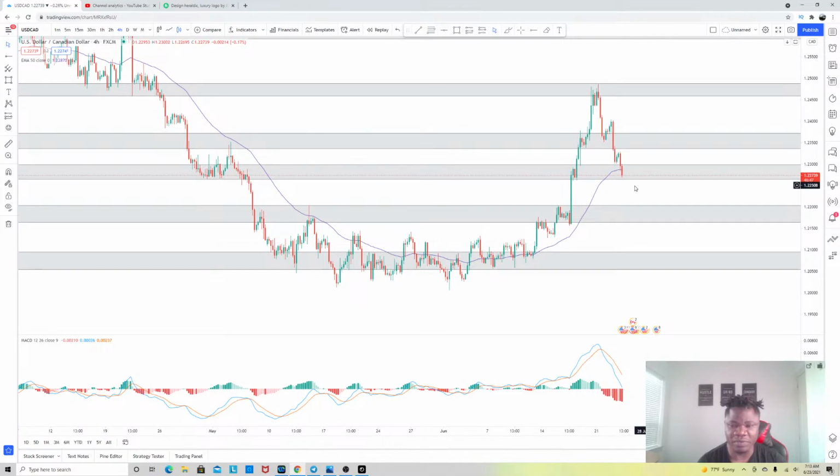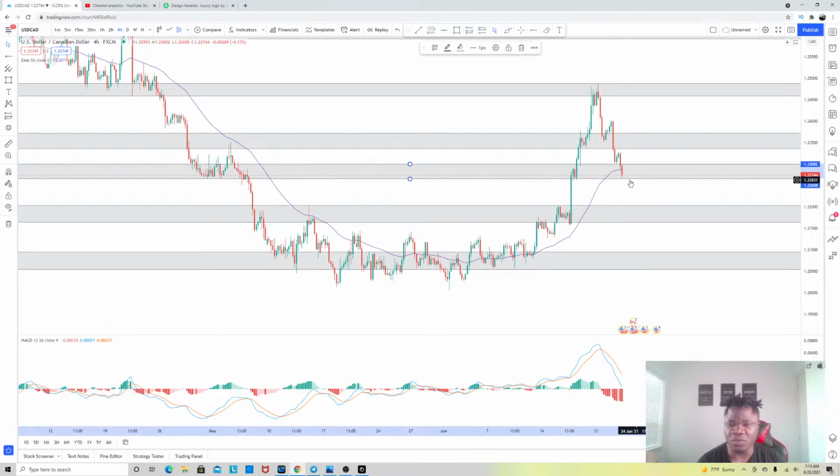All right, we have USD CAD trying to break this support zone over here. If we do have a break below support, then we could see price potentially coming to this zone over here, we're looking at 1.22054 right over here.